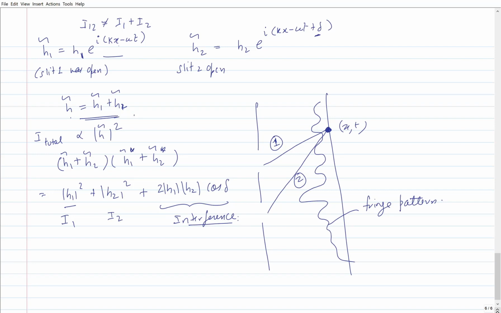A central difference between them is that over here at x, I'll have a continuum of intensities, unlike the case of bullets. And also the fact that I see some sort of an interference.